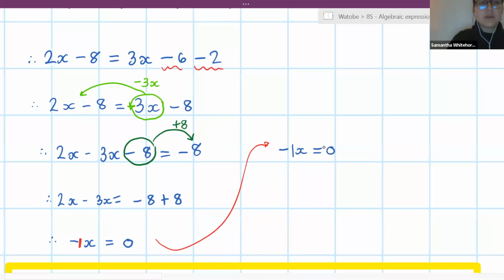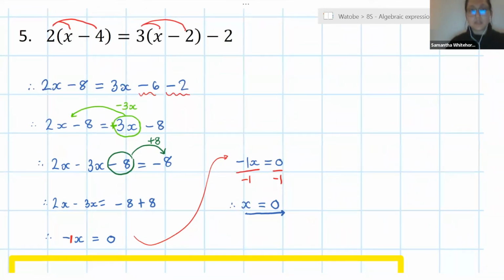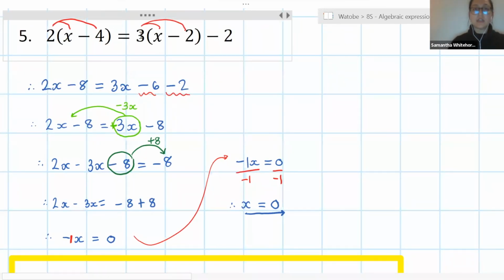Remember we spoke about the fact that I always want x to be positive. So I would divide both sides by -1, but 0 divided by anything is still 0. And so x must be equal to 0. I'm just going to zoom out a bit in case you need to take a screenshot.